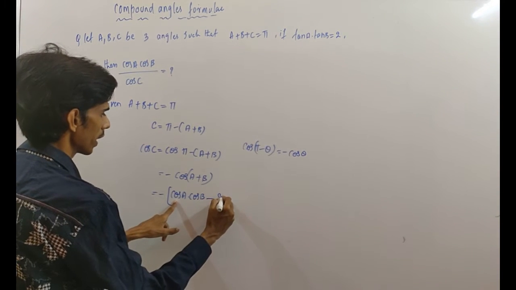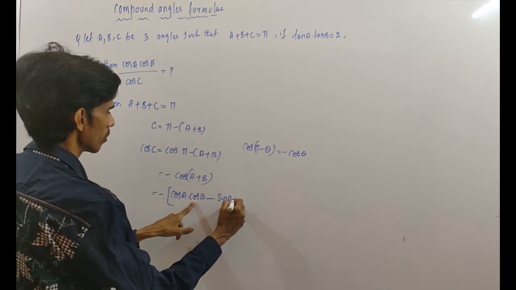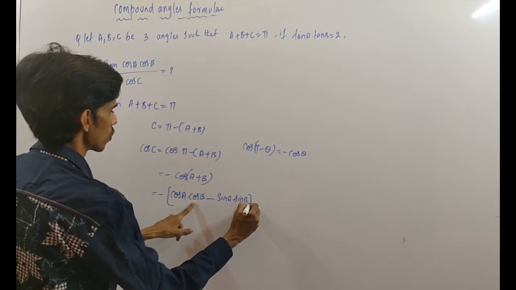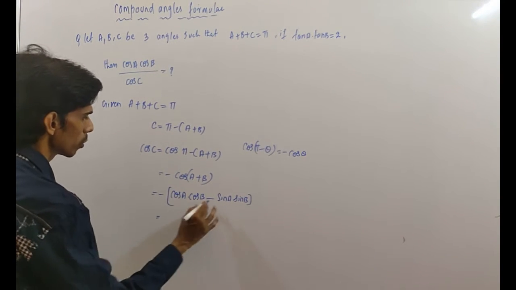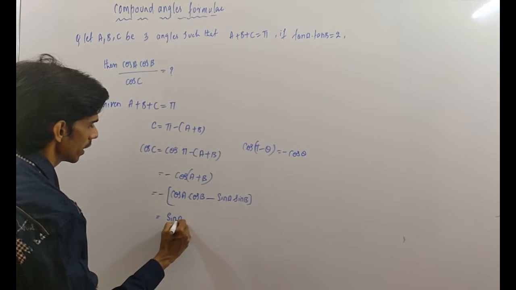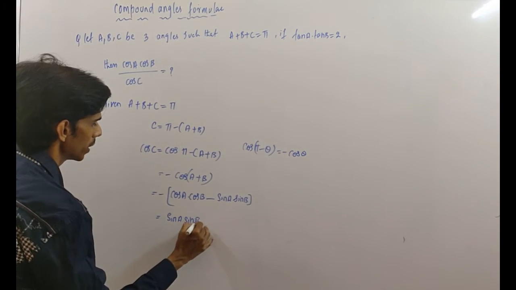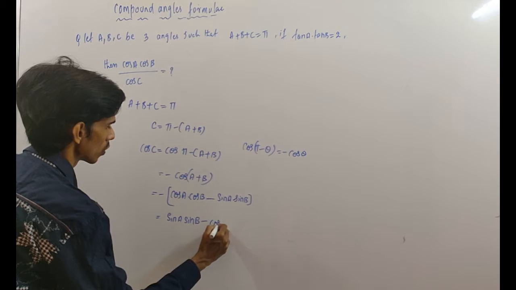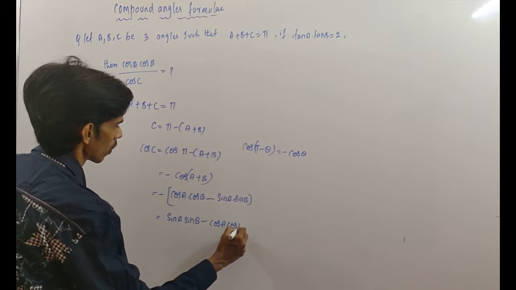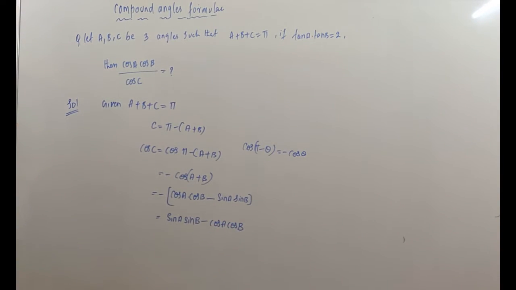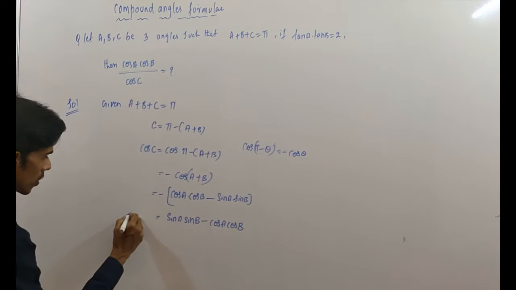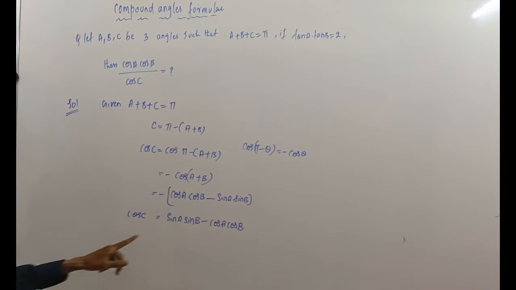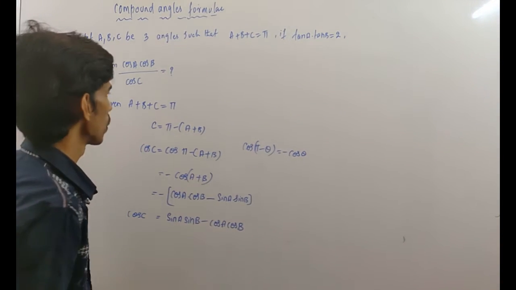This cos will become sine A, this cos will become sine B. Now minus into minus is plus, so minus (cos A cos B minus sine A sine B) gives sine A sine B minus cos A cos B. We got the value of cos C: cos C value is sin A sin B minus cos A cos B.